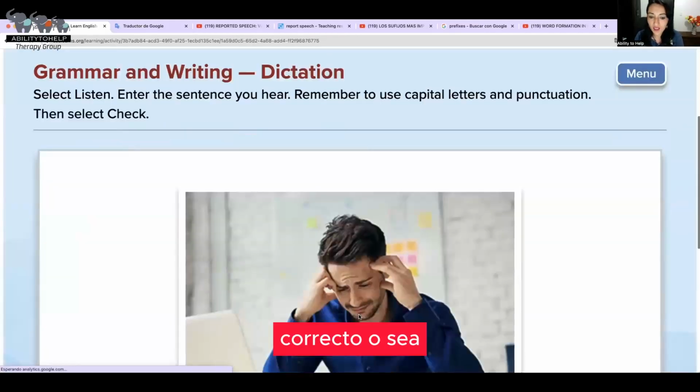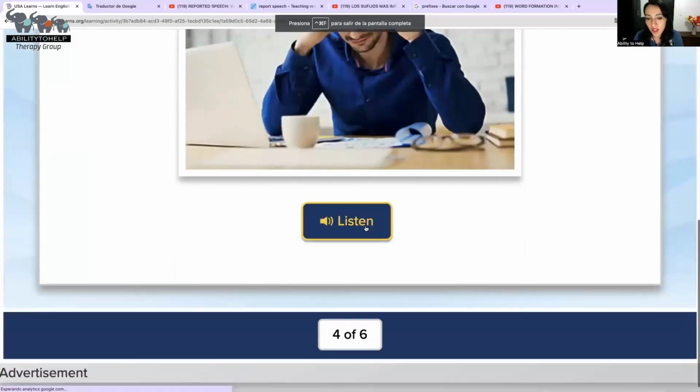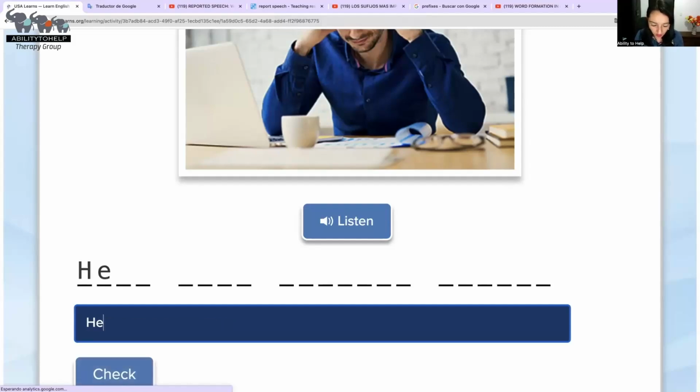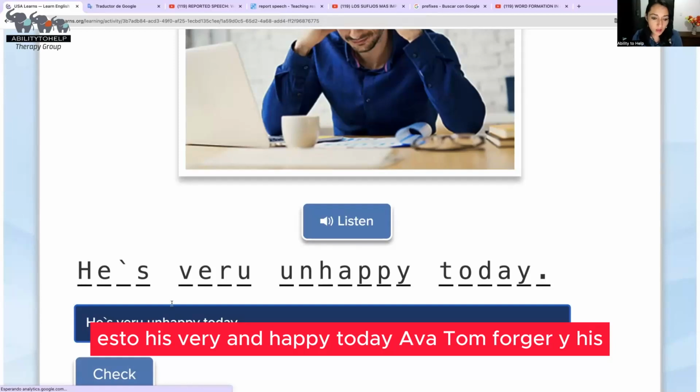Correct. So the opposite is not expensive, it's cheap. Something like that. He's very unhappy today. Oh my goodness. He's very unhappy today. But don't forget he's.